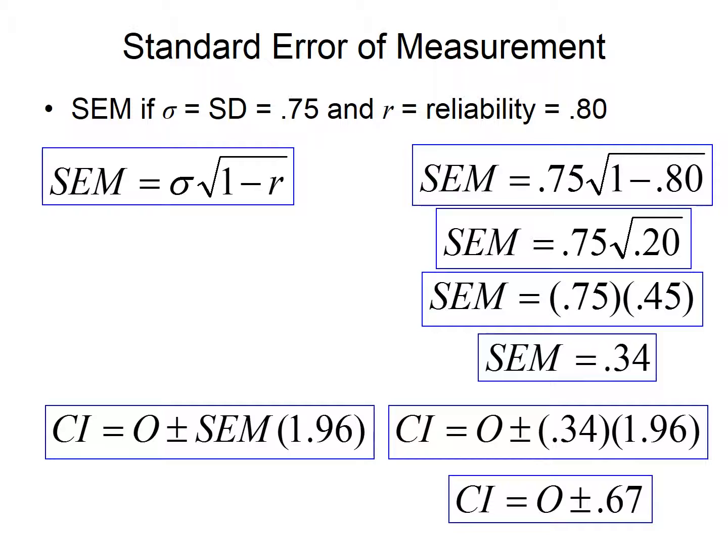So 0.34 times 1.96 is 0.67. Once we have that, you can take any observed score from this sample and add or subtract 0.67 to get the range of the 95% confidence interval. And what that means is that you're 95% certain that someone's true score is falling between that range off their observed score.